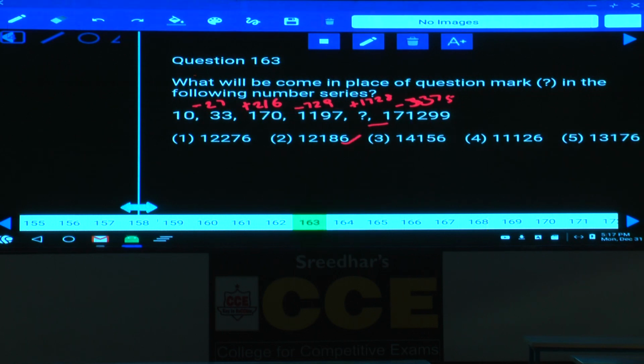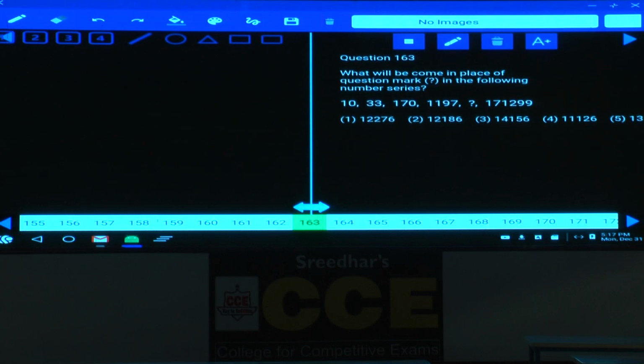Now in this question number 163: 10, 33. 10 into 3 is 30, 30 plus 3 is 33. And 33 into how much? 170. 170 into 5 is 165, plus 5 is 170. And 170 into 7 plus 7.